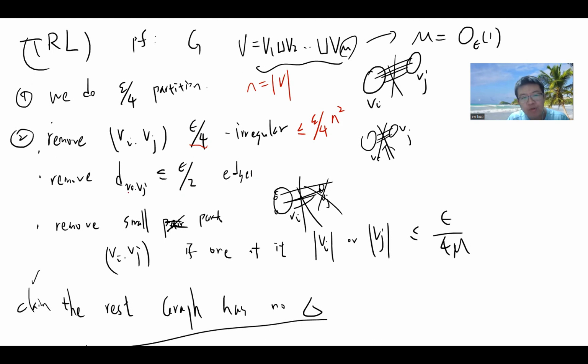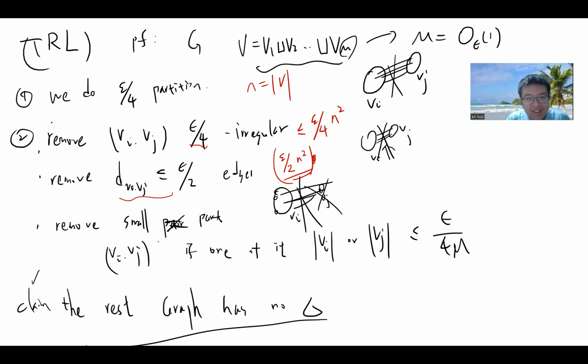And then you remove all the Vi, Vj pairs with density less than or equal to epsilon divided by 2. So you remove at most epsilon divided by 2 times n squared edges, because the density is at most epsilon divided by 2.